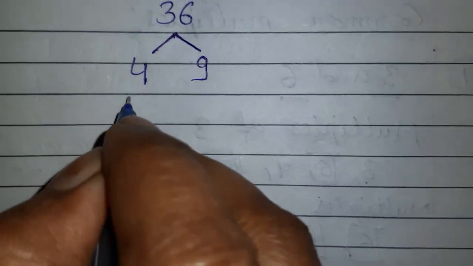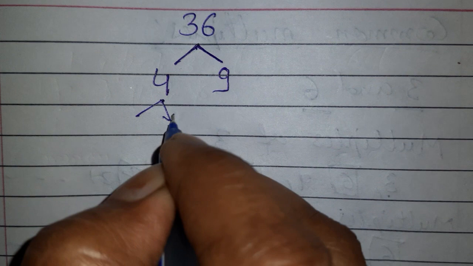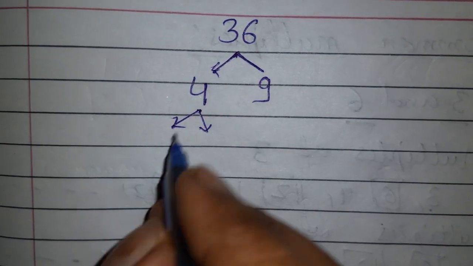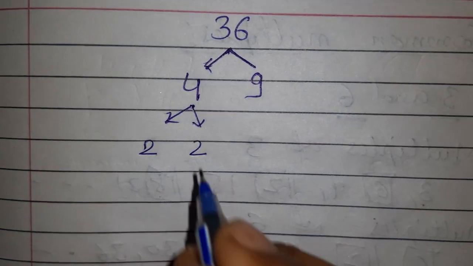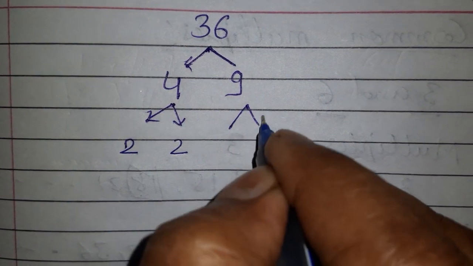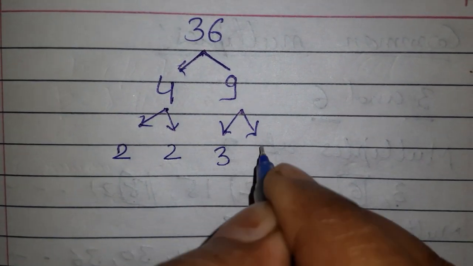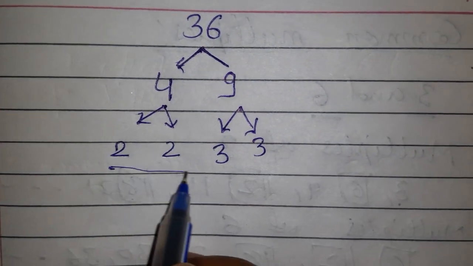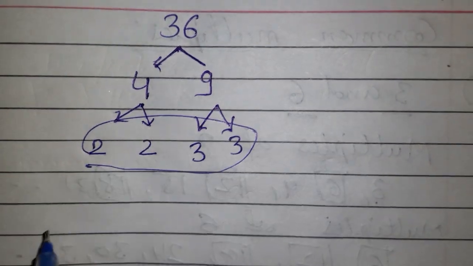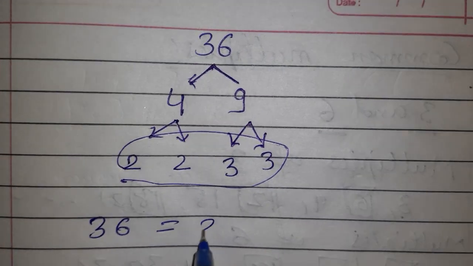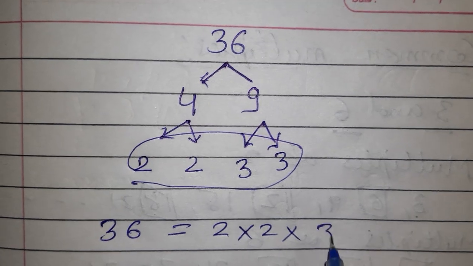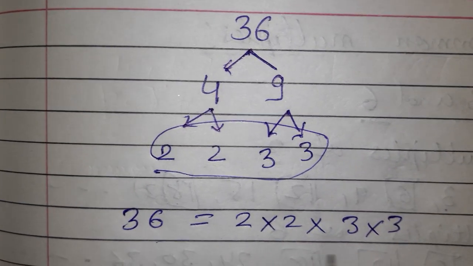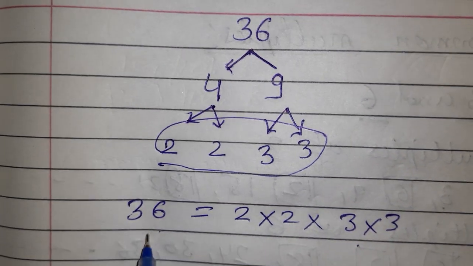Then again divide this 4 into two parts, that is 2 and 2, and divide 9 also into two parts, 3 3s are 9. Now see, all these are prime factors. So we can write 36 as 2 multiplied by 2 multiplied by 3 multiplied by 3. So this way we get the prime factors of any given number.